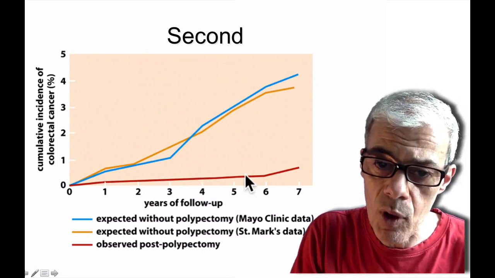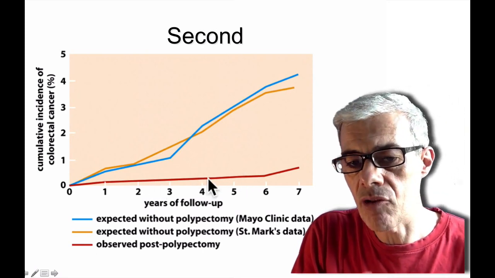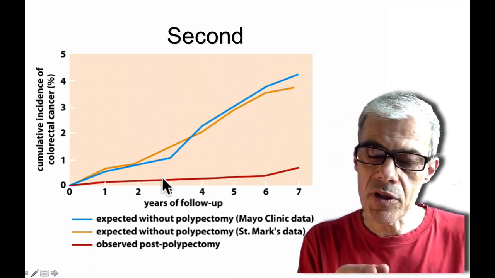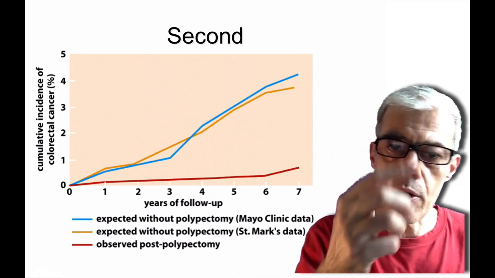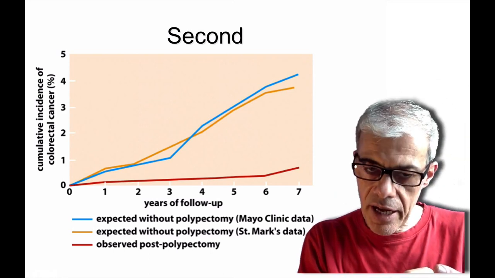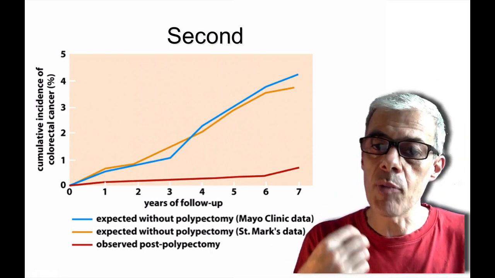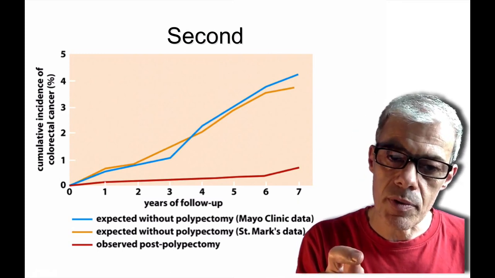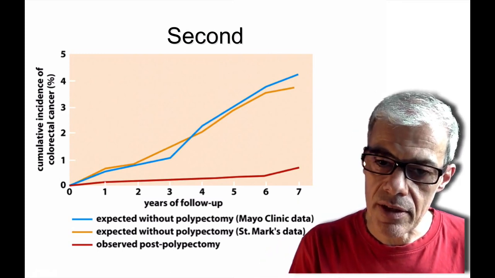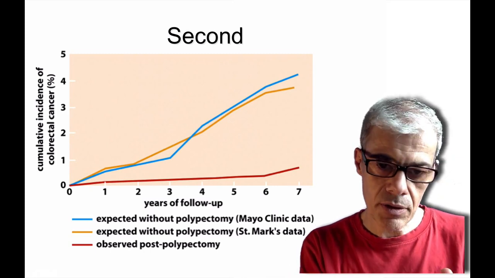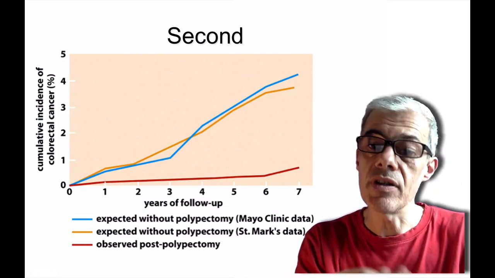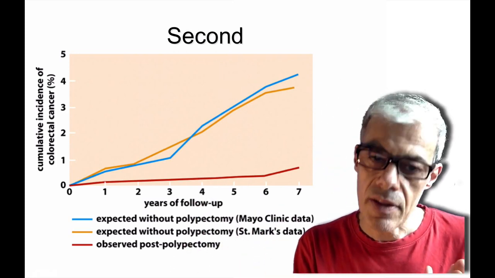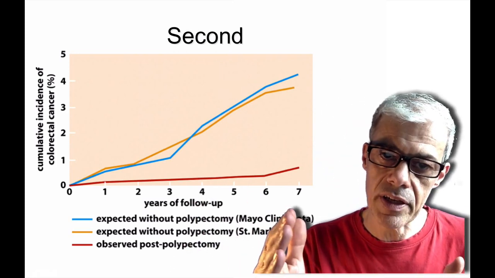If you remove the polyps, then you remove that migration to cancer. If normal cells were not going through the polyp stage but going straight to a malignant stage, then removing the polyps wouldn't have any effect. But removing the polyps reduces the incidence of cancer, indicating that normal cells go to the polyp stage, which then go to the cancer stage. So that again is strong evidence that it's a succession of phenotypes.